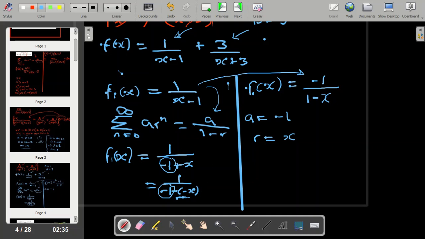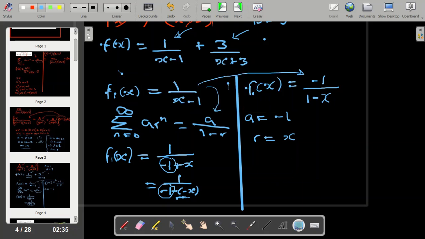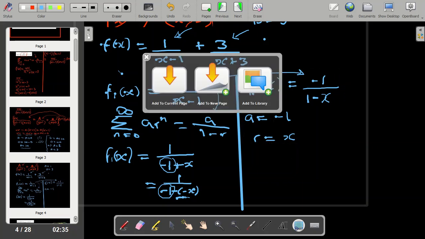Right, so let's get that. We're going to have our geometric power series for the first function that we chose.